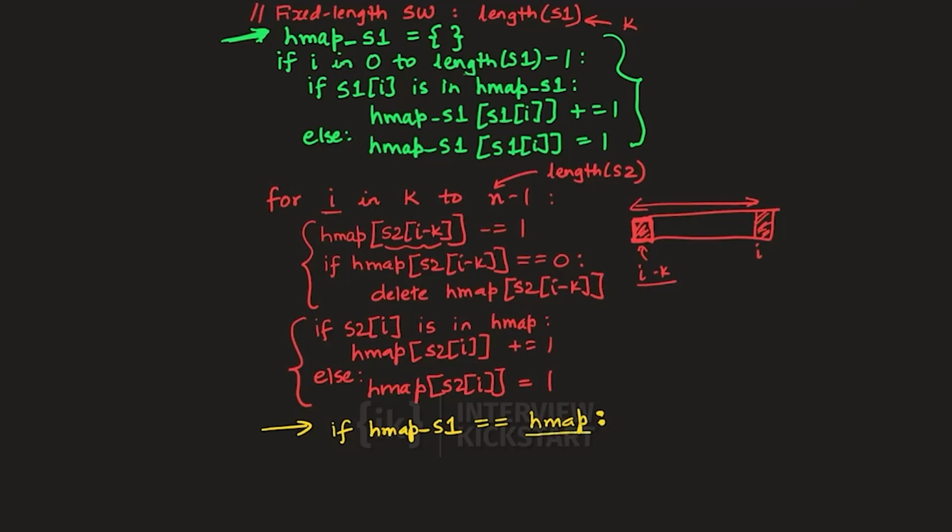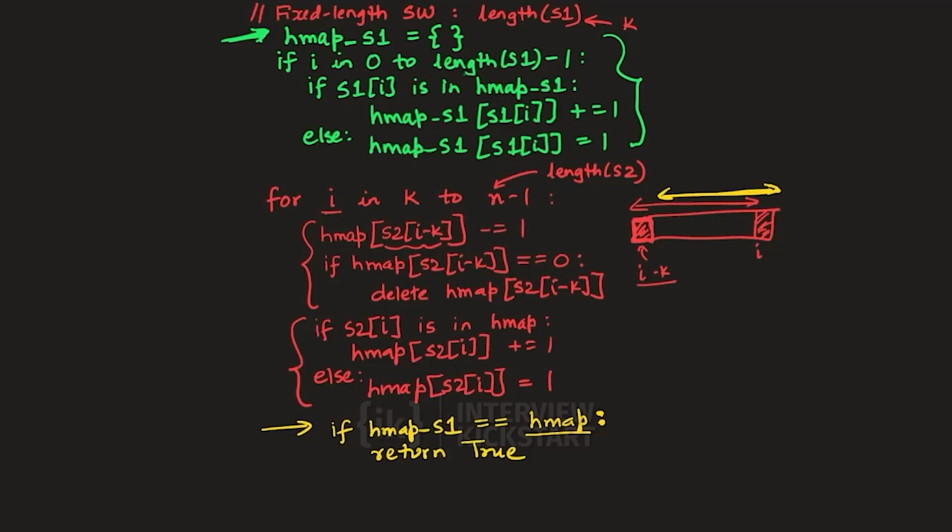If these two hash tables are the same, that means this substring exactly contains all the characters of the string s1. That means this substring is a permutation of s1, and in that case, since this is a decision problem, we can immediately return a true, since we know what the final answer is.